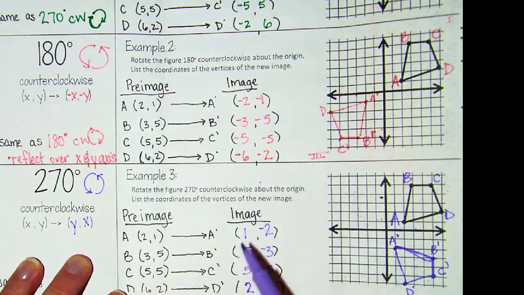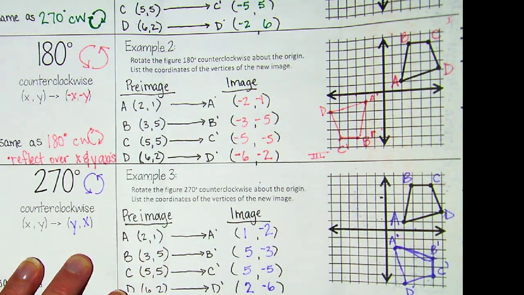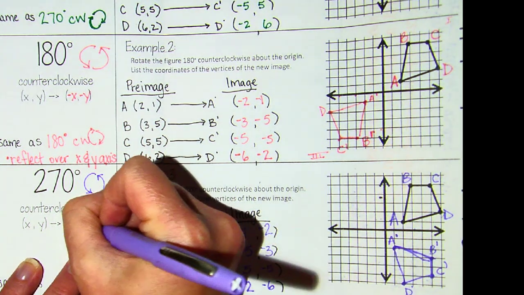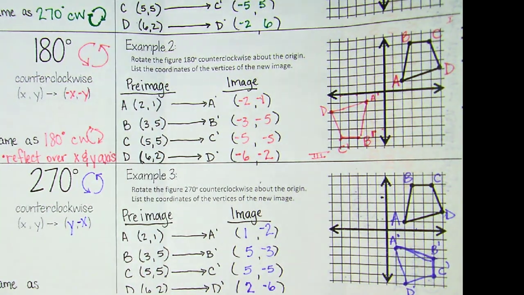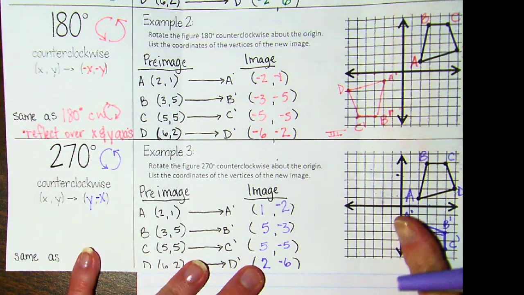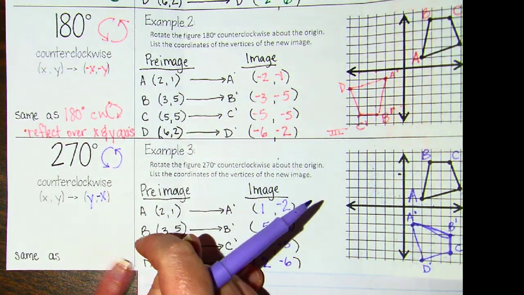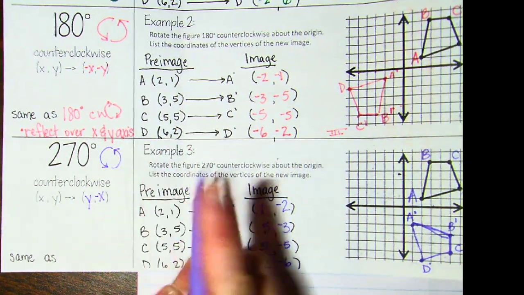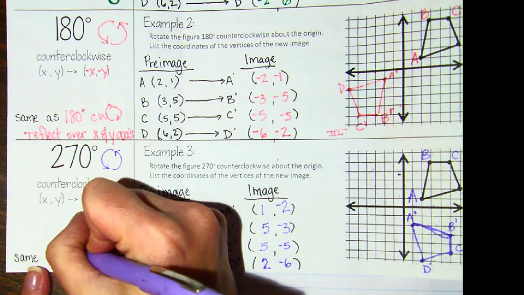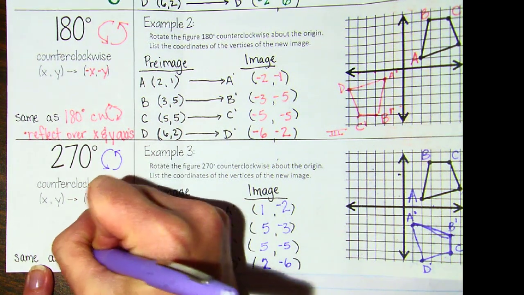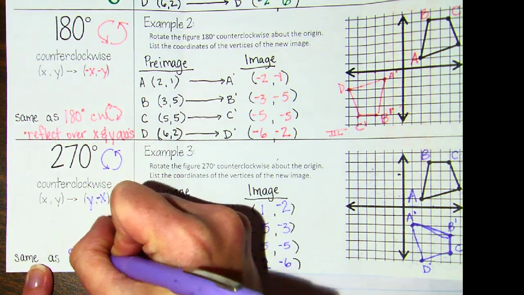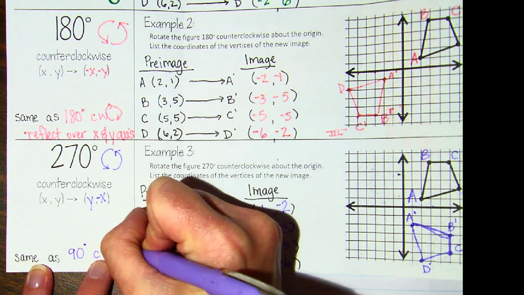Do you see what started off as the X coordinate is now the opposite as the Y coordinate? So 270 counterclockwise is the same as 90 clockwise, which would be this way.